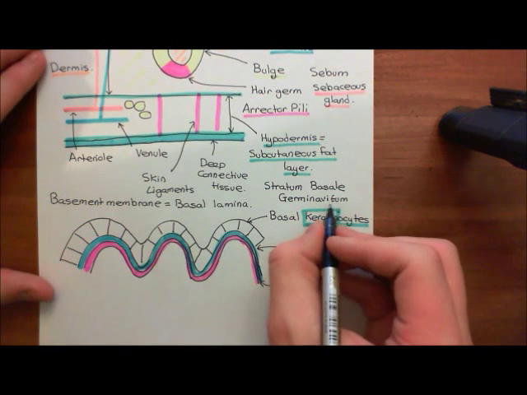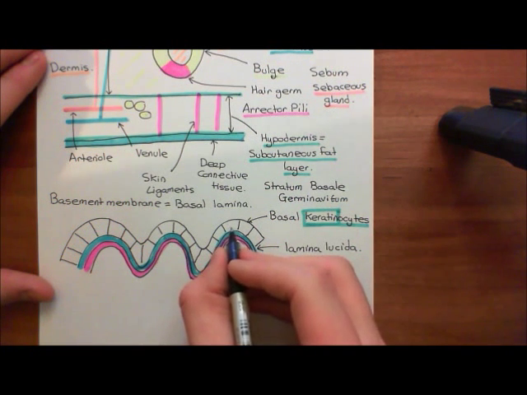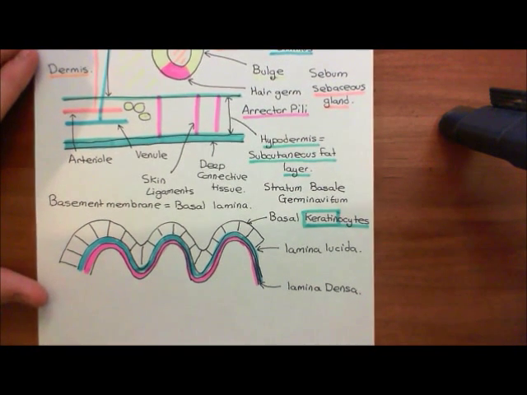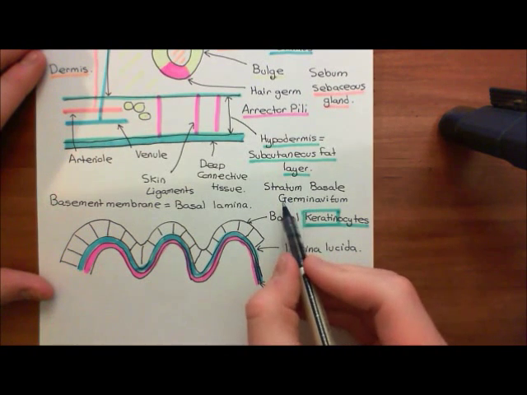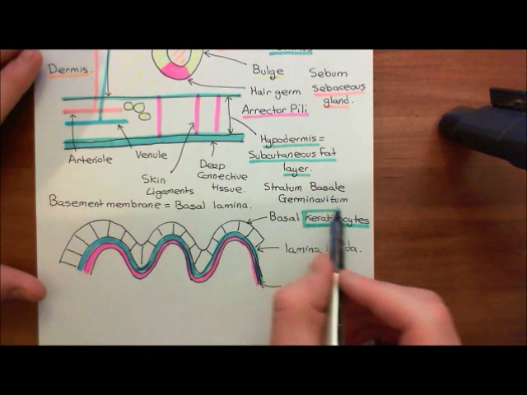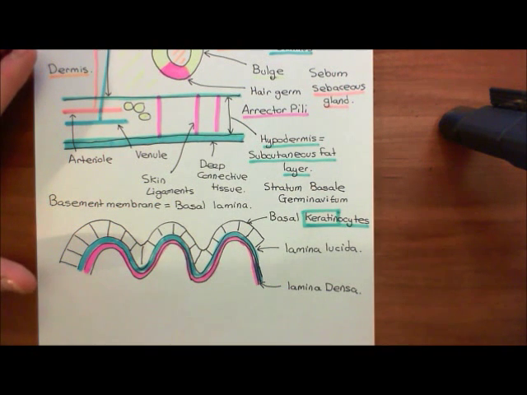This refers to the fact that these cells, the basal layer of keratinocytes, are the ones which are actually going to be dividing and therefore producing all the other cells above it. That's where this long word germinativum comes from. They are the cells which germinate the other cells of the epidermis and are responsible for this continuous renewal of the cells of the epidermis.